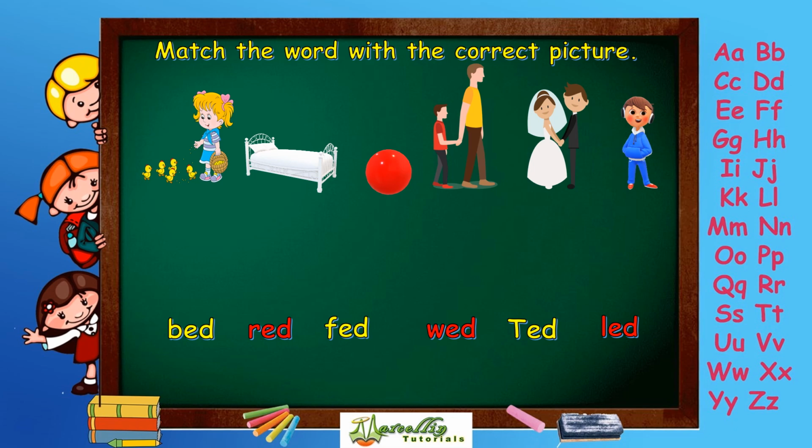Can you name the pictures? Let's start with the first word on the left. You have b, ed, bed. Next word, you have ed, red. Next, you have ed, fed.